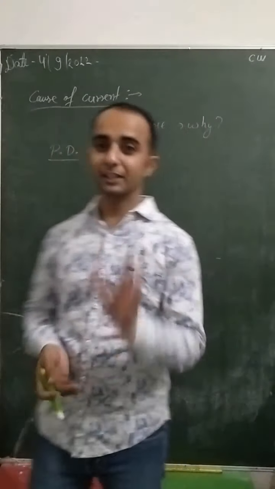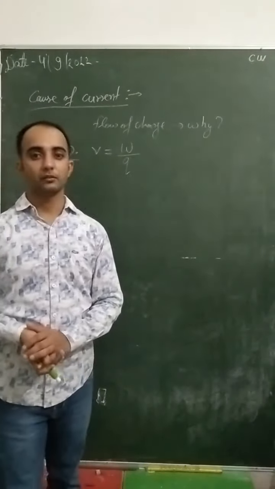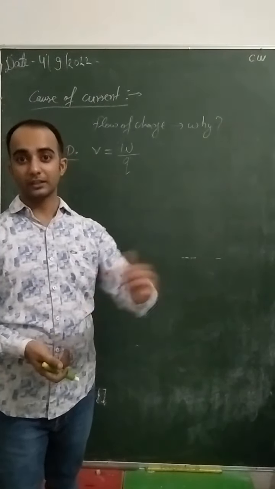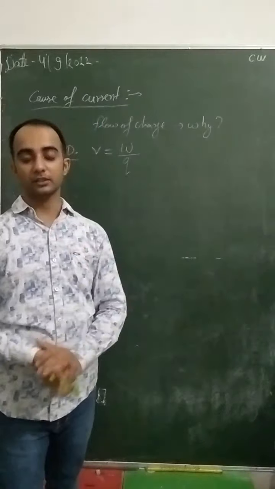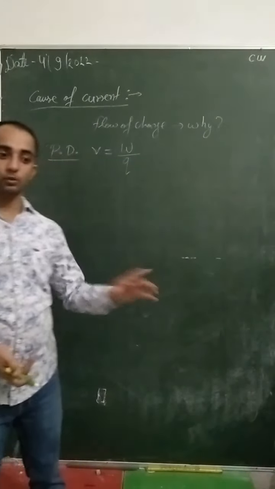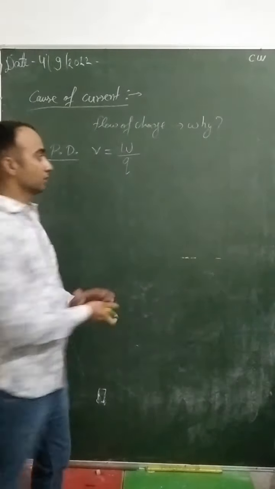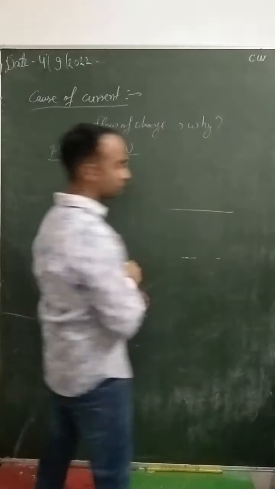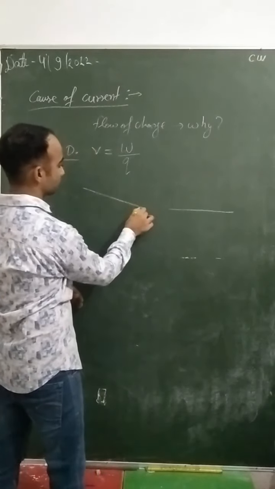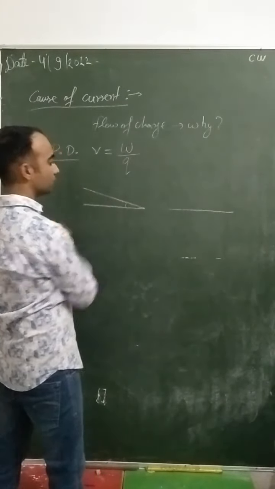Now take an example like water. Water can flow faster on a level floor or on an inclined plane? The answer will be, water can flow faster on an inclined plane. For example, this is a plane surface and another is an inclined surface at some angle with the horizontal axis.